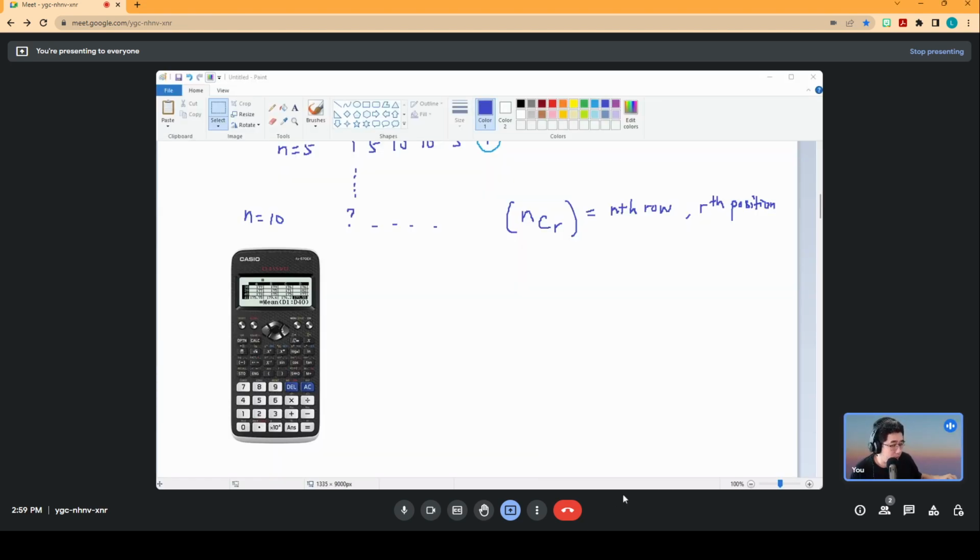If you look at our calculator here, you will see nCr on this button.